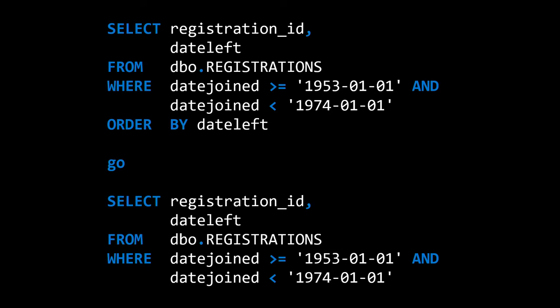There's also an implicit tip in this. I'm doing where date joined larger than or equals and less than. Why am I not using between? So between is another way of doing the same thing, but between is dangerous because between is inclusive on both ends.